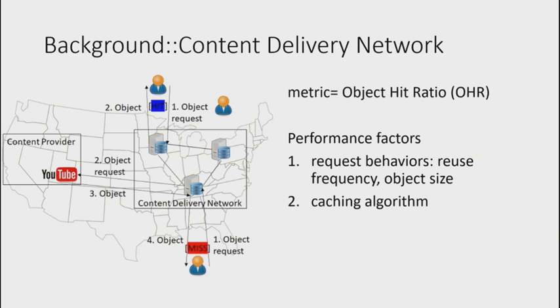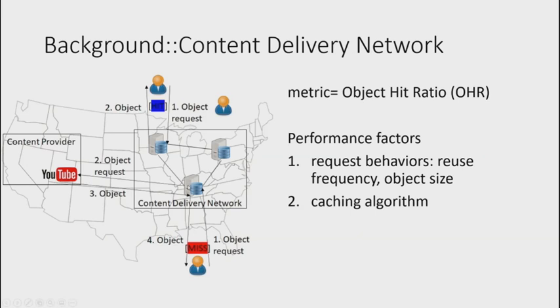Since the cache server is nearby, the turnaround time is much shorter than when the end user had to request the object from a distant content provider. In that case, we say that the request for that web object results in a hit. We say that this is a hit because the requested object is in a nearby cache server.